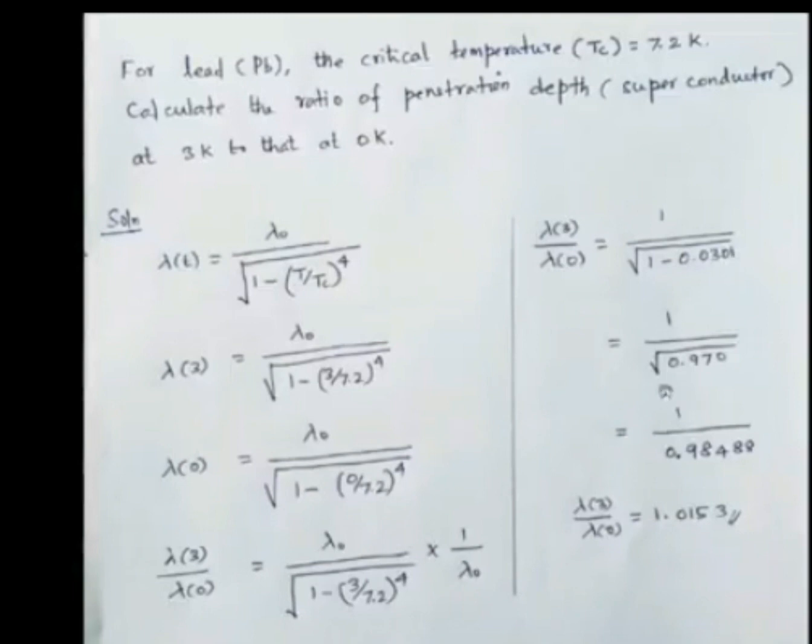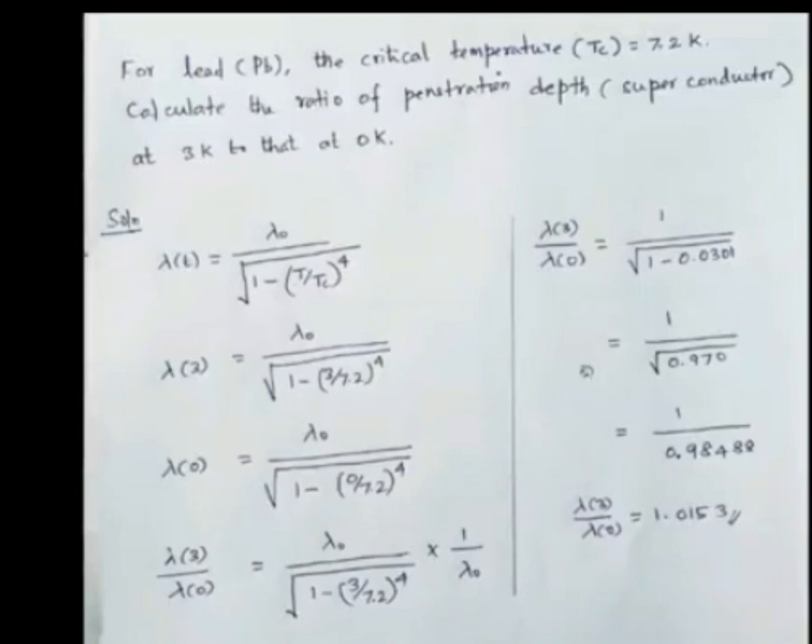0.0301. So again, this will be 1 by root of 1 minus 0.0301, which is 1 by root of 0.970. And 1 by root of 0.970 will be 1.0153.